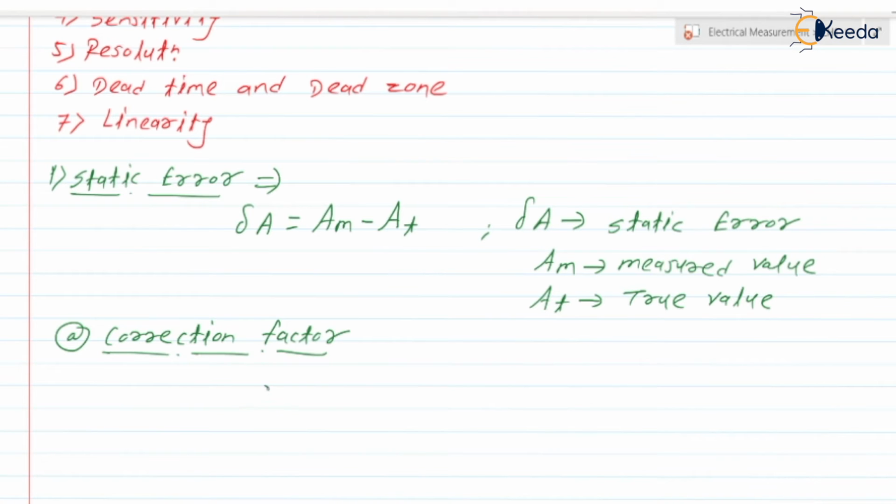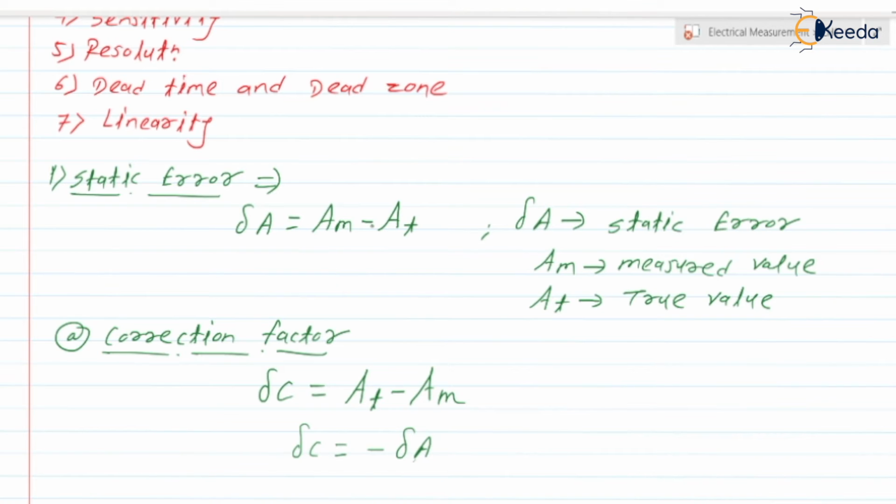It is given as delta C, the correction factor, is equal to AT minus AM. This correction factor may be positive, it may be negative. Delta C is nothing but the static correction, so it is equal to minus of delta A. So if the error is positive, correction factor will be negative.